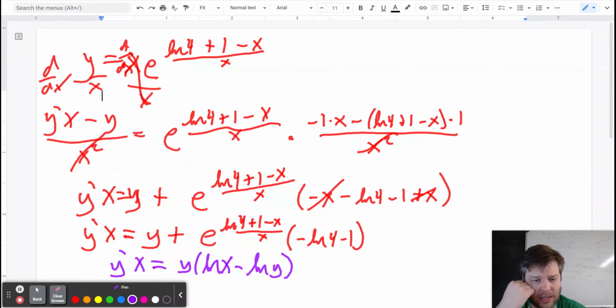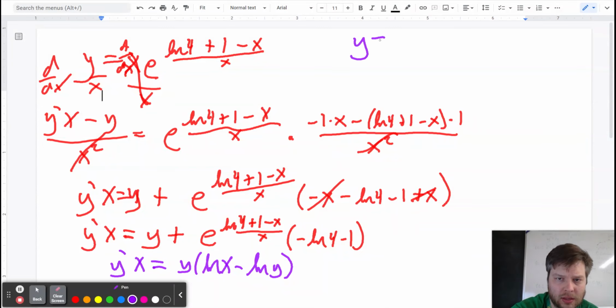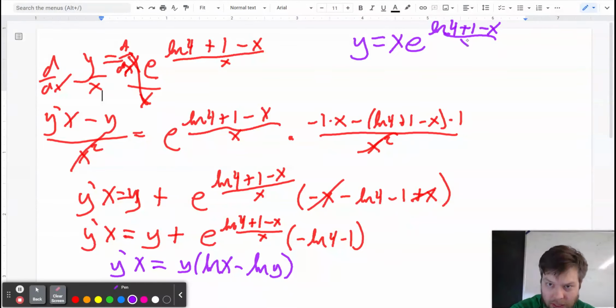I don't see any real way that I can make my red expression turn into my blue expression there. Maybe if I remember that the letter y is equal to x e to the natural log of 4 plus 1 minus x over x.